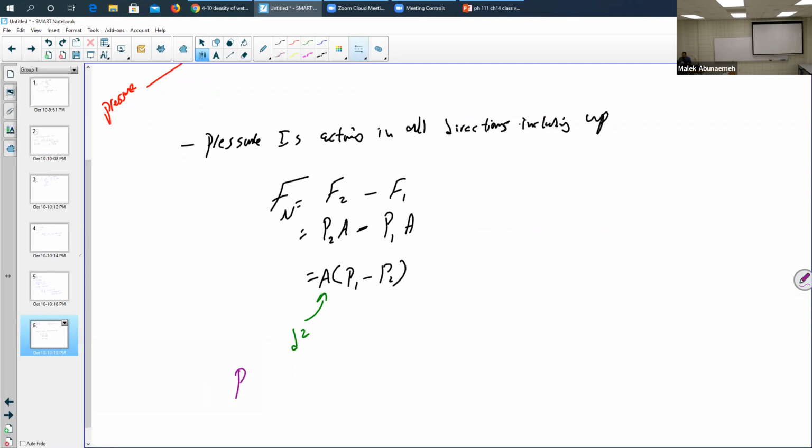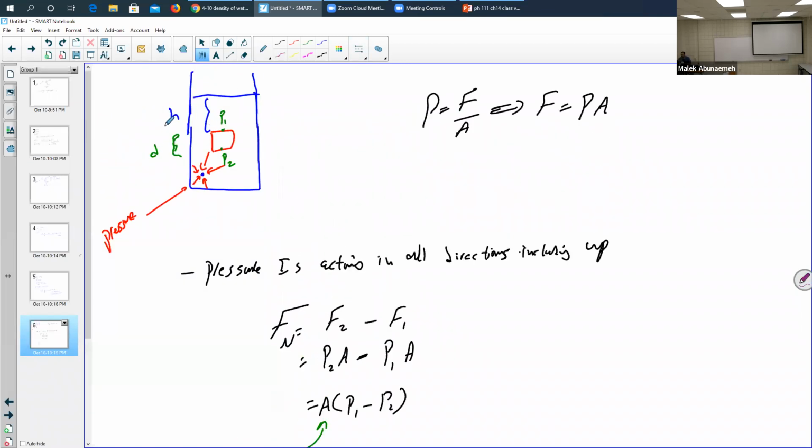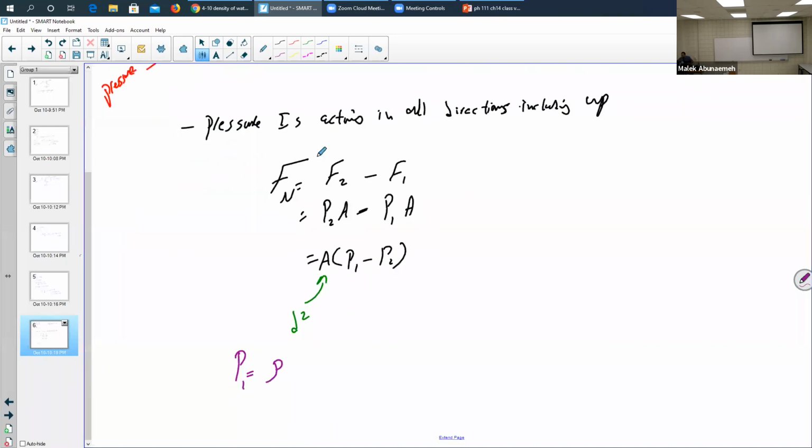So the pressure at point 1 is going to equal your rho multiplied by your height multiplied by the gravity. So your rho h g. Again, rho is density, h is your height, and g is your gravity.